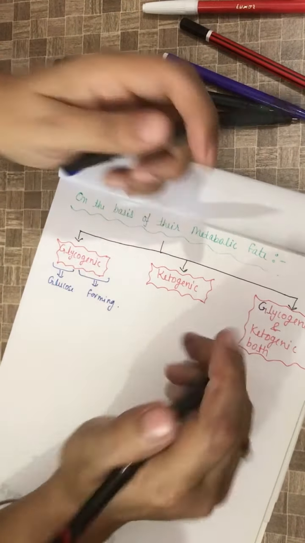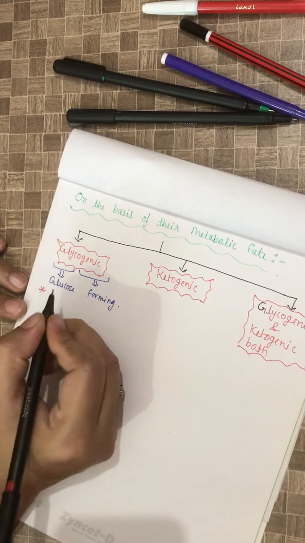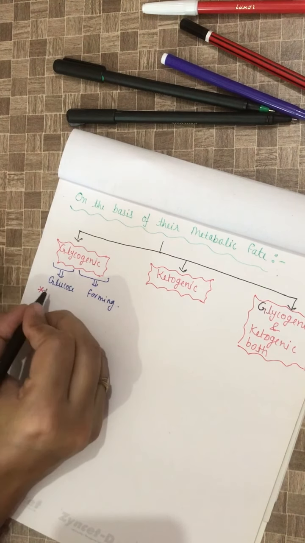Now let us discuss glycogenic. Glycogenic, as we know, is glucose forming.